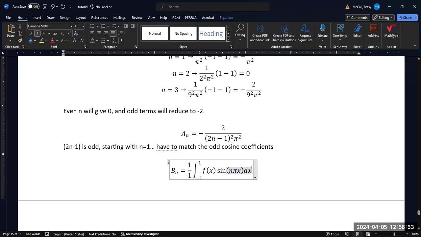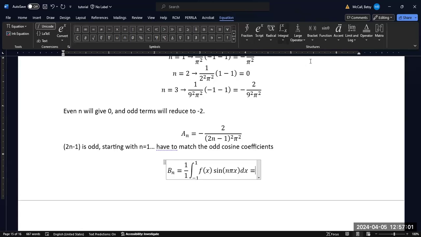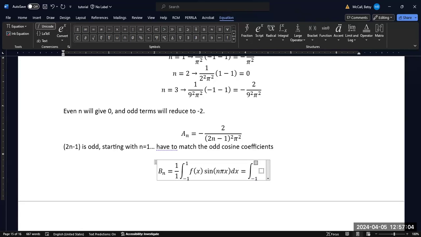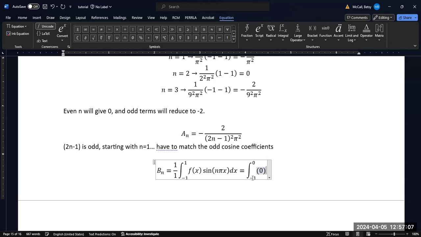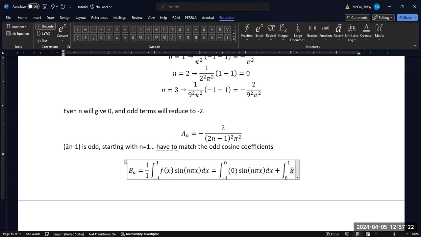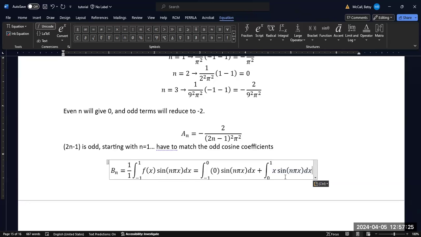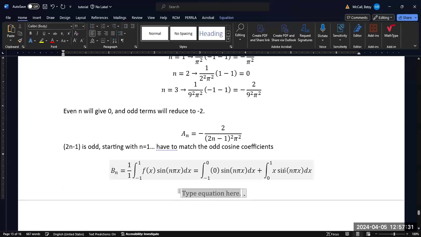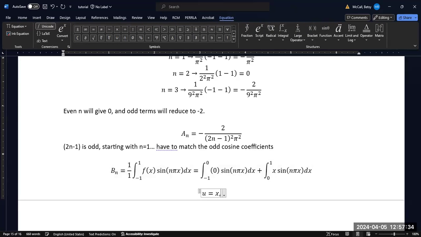If I put in my f of x function, I'm integrating from -1 to 0 of the first piece, which is 0, and then integrating the second piece, x sine x. So obviously, this part is 0, and this is the only one that we're going to be integrating.